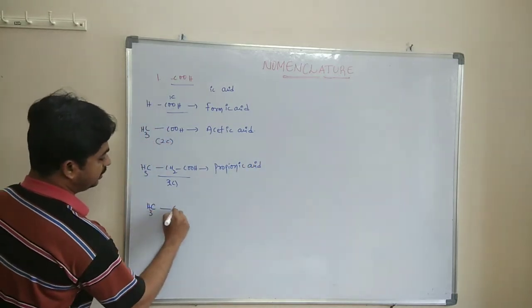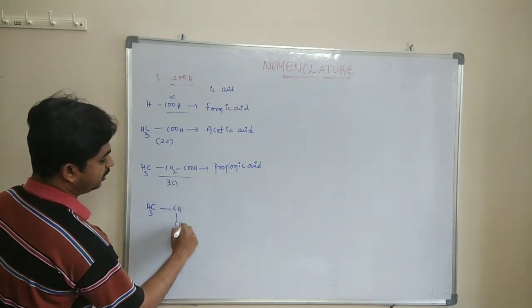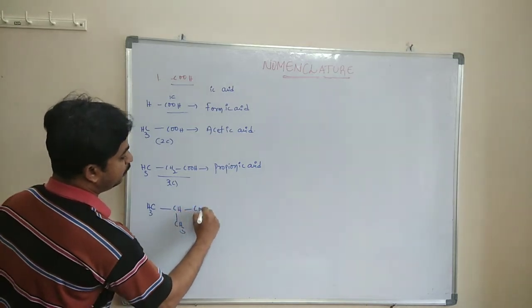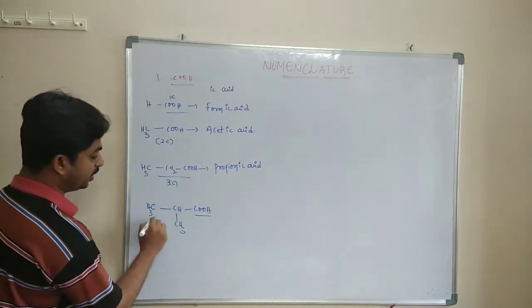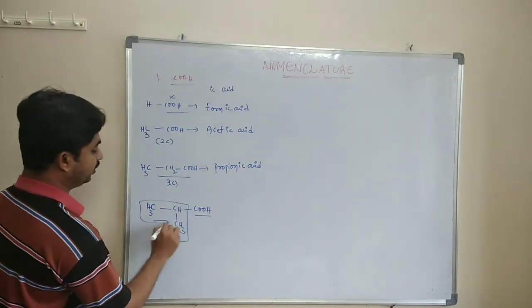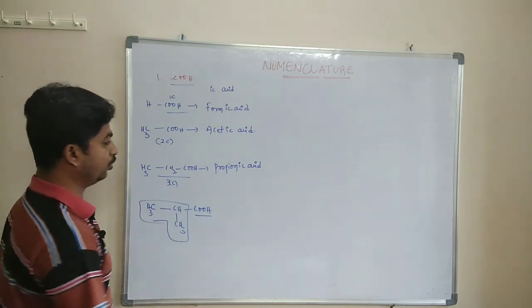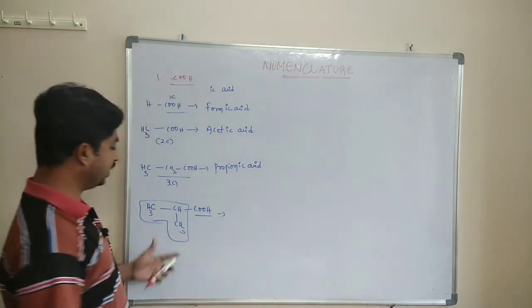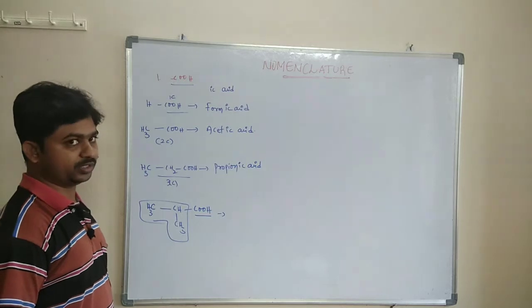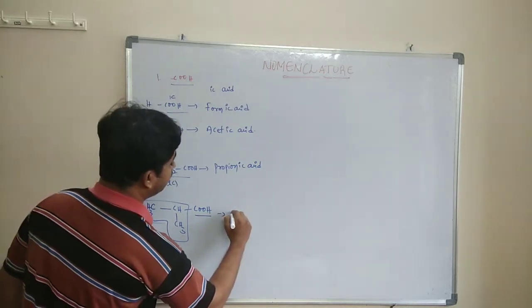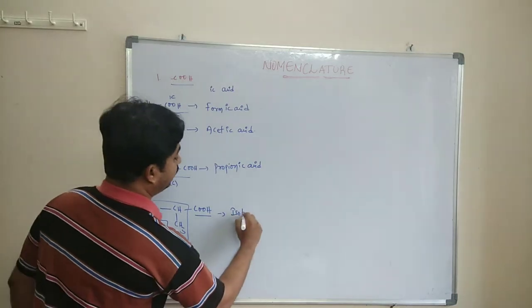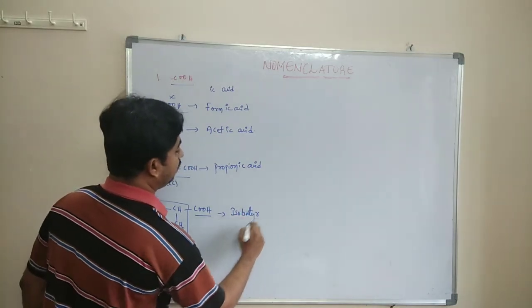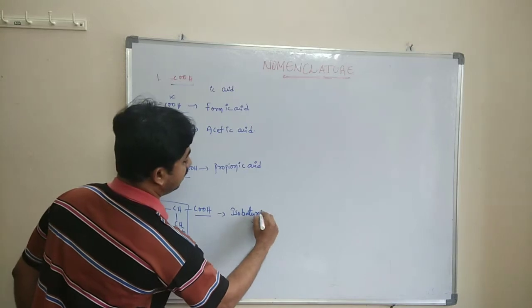Then (CH3)2CHCOOH has COOH with an isopropyl group, so it has a total of four carbons. So we can call it isobutyr. The suffix is ic acid.